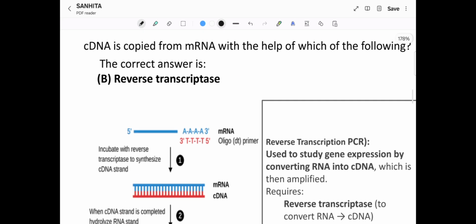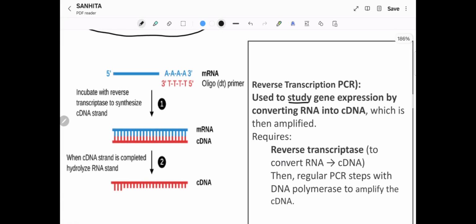So the answer is reverse transcriptase, option B. Why? What is the function of reverse transcriptase? Reverse transcriptase is used to study gene expression by converting RNA into DNA. So this enzyme is responsible for a particular thing, that is reverse transcription PCR.